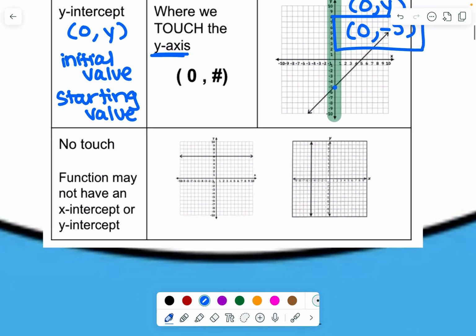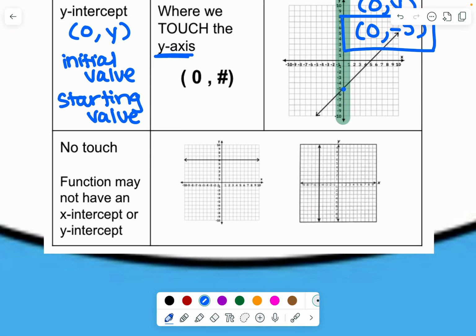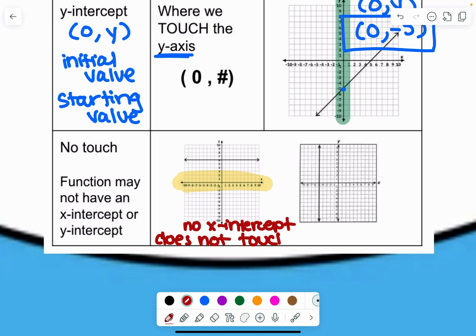Okay. Now, some may not have an x-intercept. So looking at this one, we have the x-axis right here, and I have my function right here. This has no x-intercept. It does not touch the x-axis.